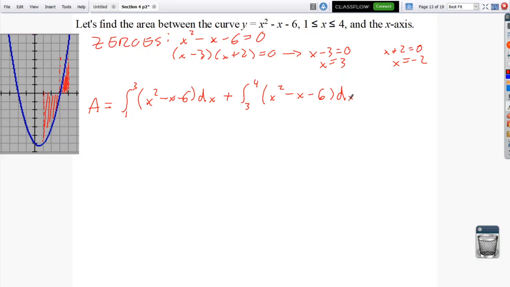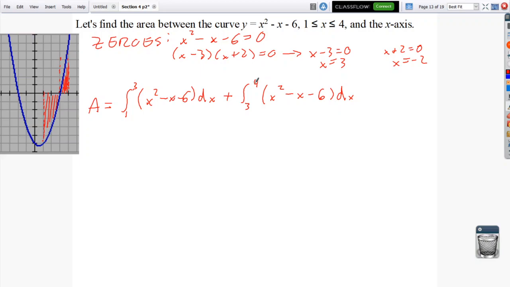There is something I left off here, and the reason is to show you that if I leave it off, this is a ridiculous thing to do. Using additivity, this becomes the same thing as the integral from 1 to 4.